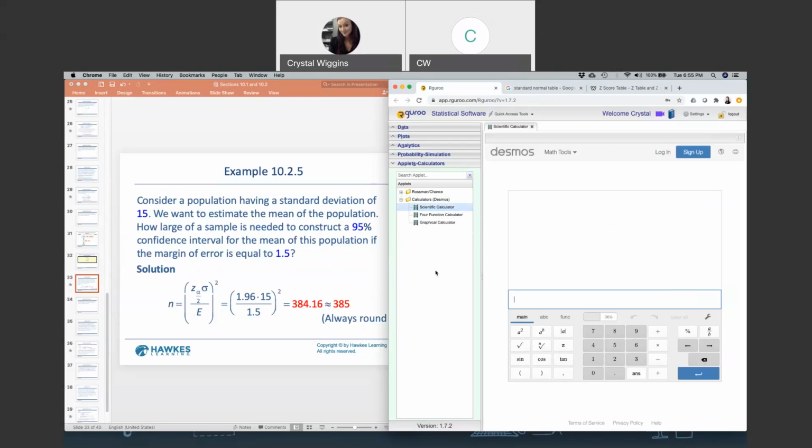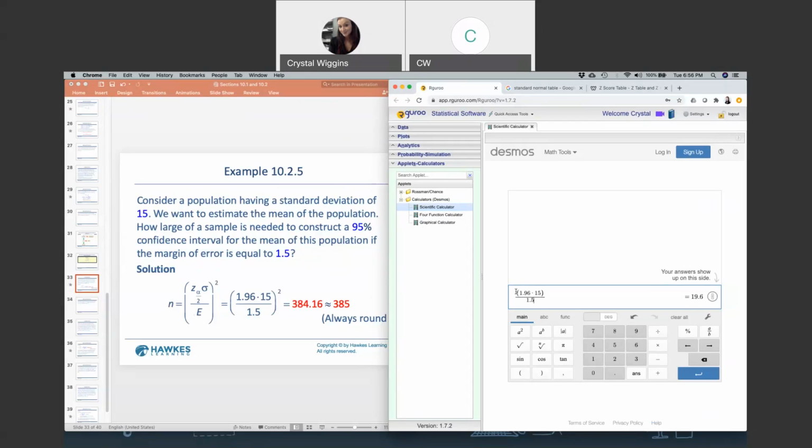And if I want to calculate this right in Rguroo, I have parentheses, 1.96 times 15 divided by, oops, we're going to need another set of parentheses. So times 15. This is divided by 1.5.